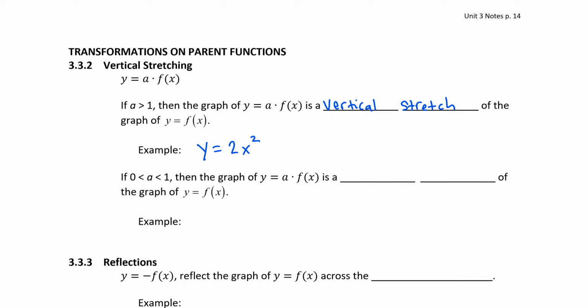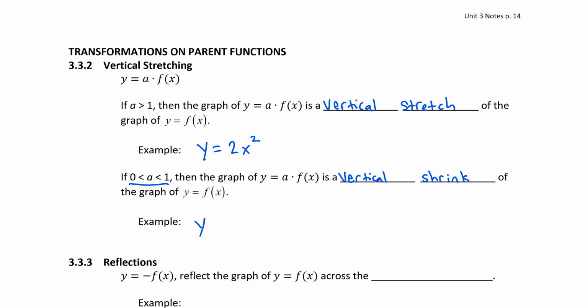On the other hand, if the constant that I'm multiplying by is a fraction between 0 and 1, then the graph of a times f of x is called a vertical shrink of the graph of y equals f of x.